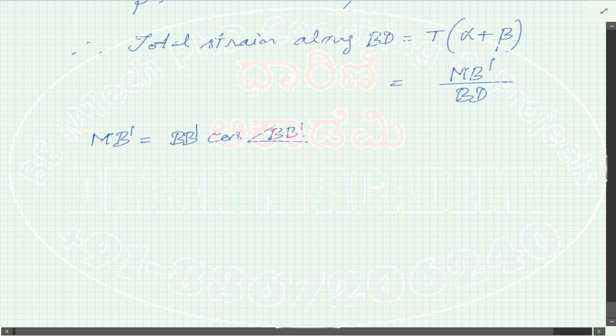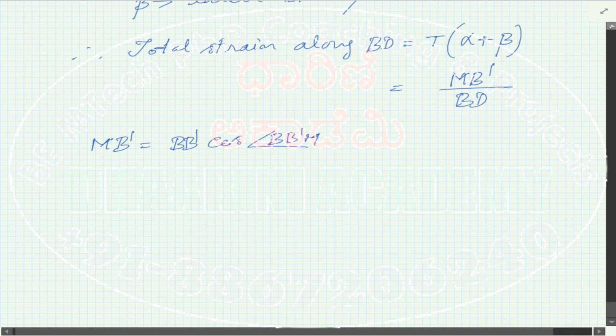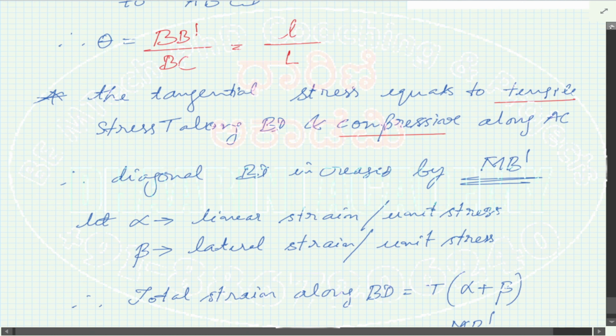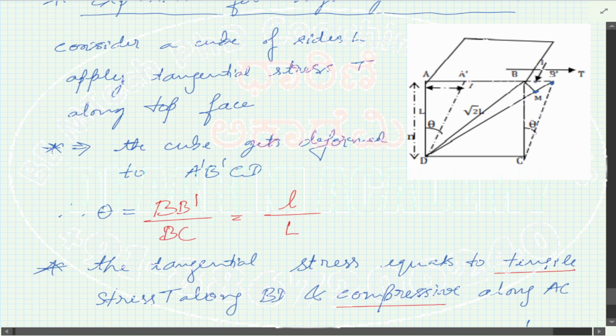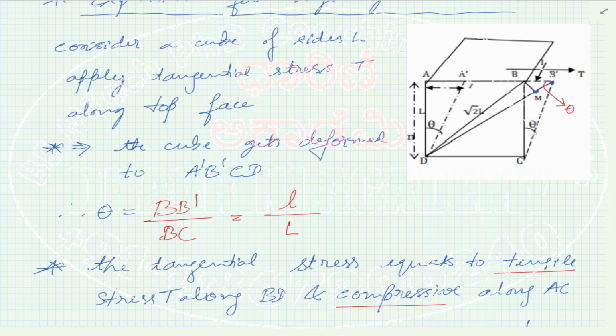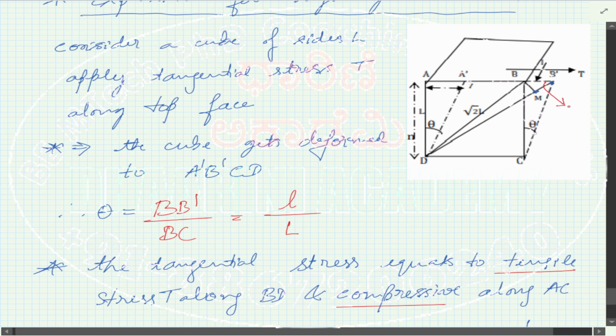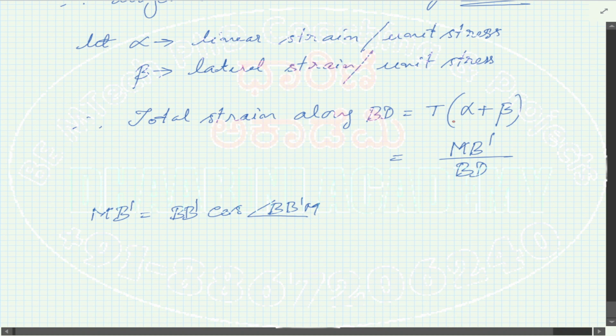B B dash M is present over here. I will call that angle B B dash M, not theta, since theta is already denoted. Since this is 90 degrees and the other two angles are equal, we can approximate that to 45 degrees.